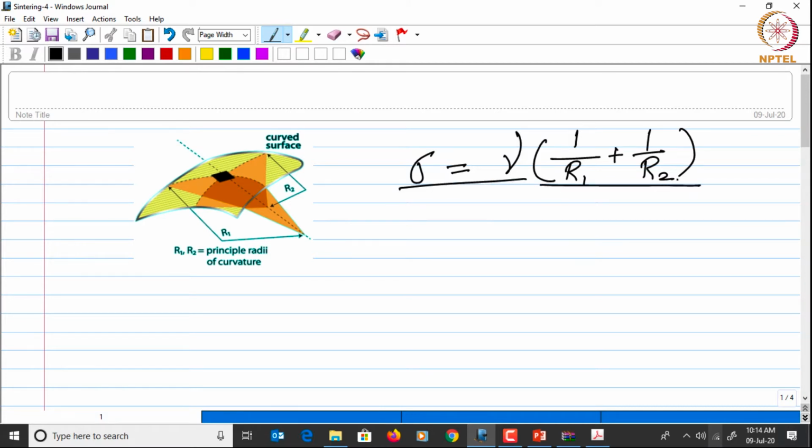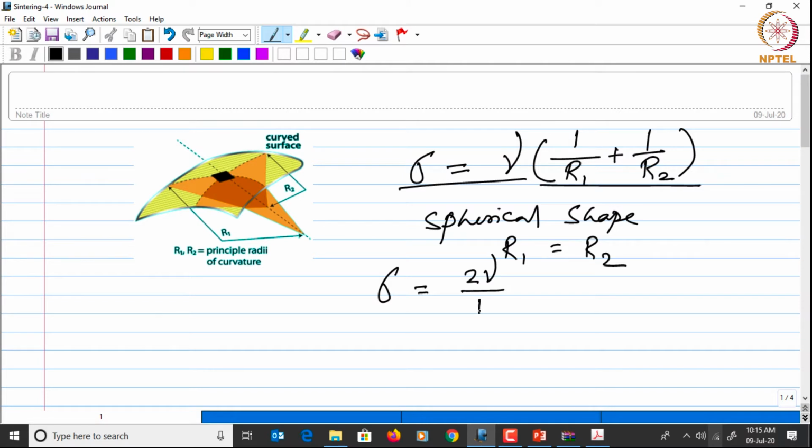For a spherical shape, R1 is equal to R2, and therefore the stress sigma becomes 2 gamma by R, where R is the radius of the sphere, and if D is the diameter, then this can be written as 4 gamma by D.